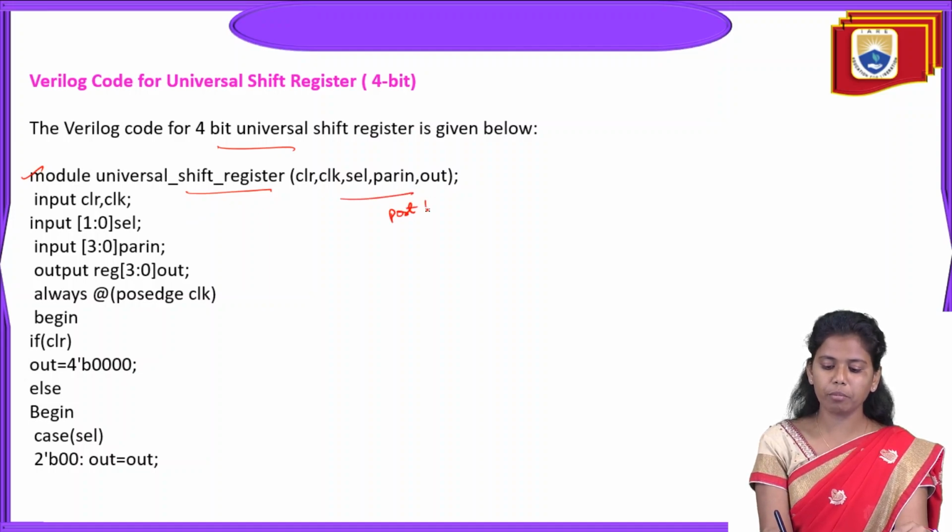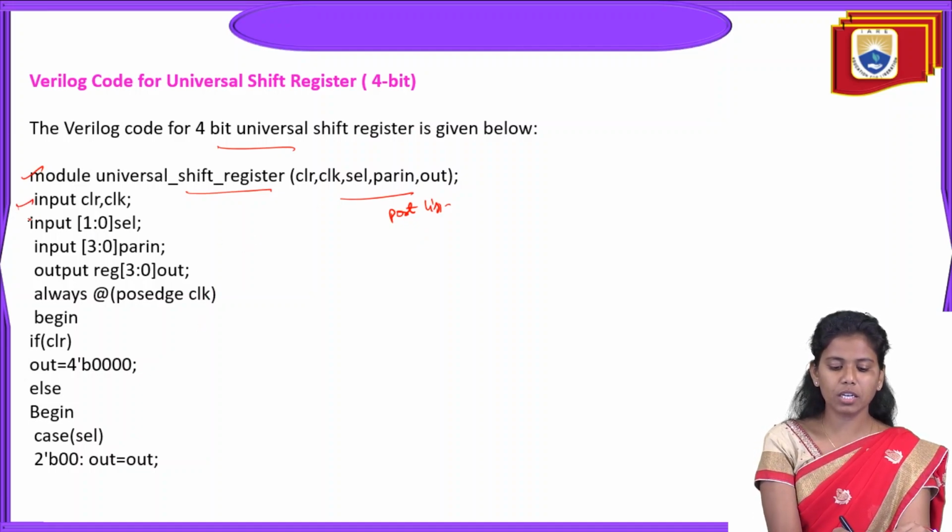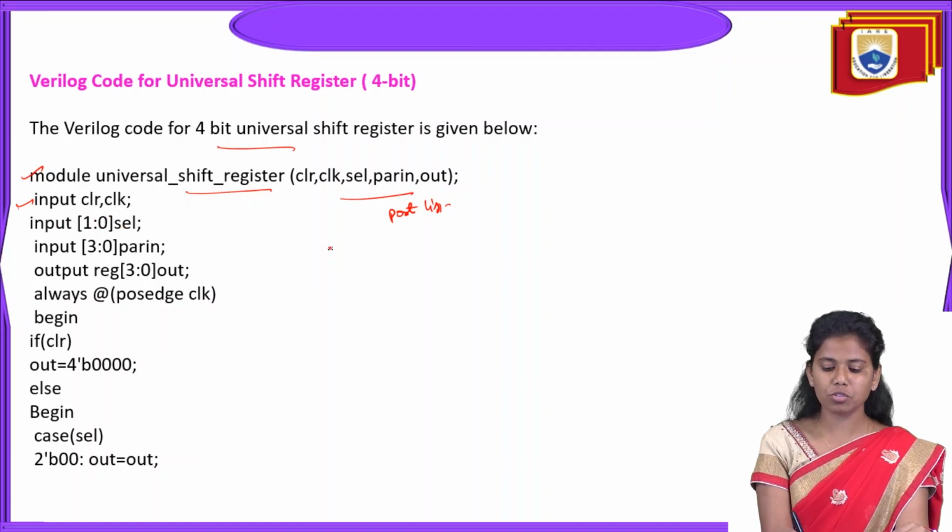In the port list, we mention all the inputs, outputs, control signals, and also the clock signal. The inputs are clear and clock, and a 2-bit input of S0 and S1, the selection lines. The output is 4 bits, [3:0], stored in the reg data type.